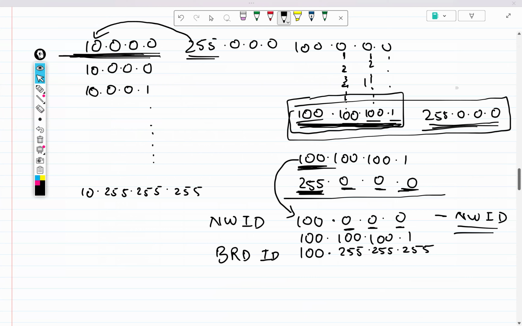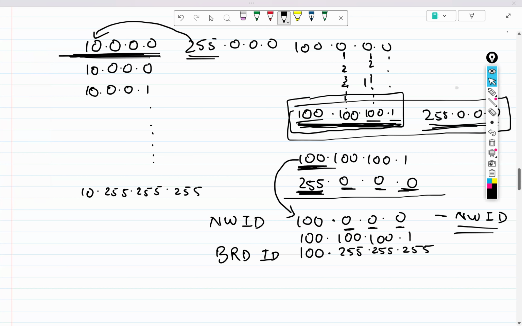So is there any way to find this? Easy. I will come to that. Let's first try to understand how these network ID and broadcast ID are found out using this simple trick, where only 255 is present in the question.